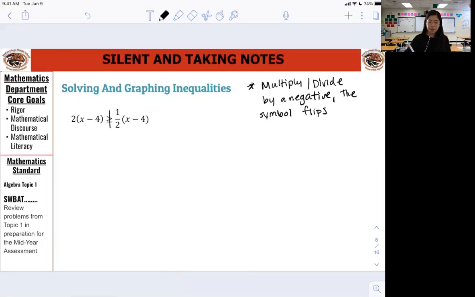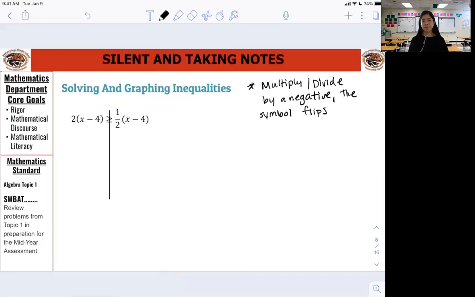So we're going to treat this just like a regular old equation. And I have fractions. I also have parentheses. What should I get rid of first? It doesn't matter, by the way. Either one works. So what do you want to get rid of first?